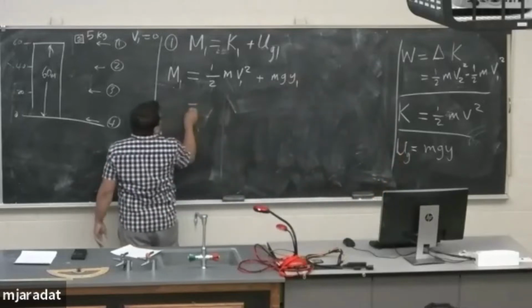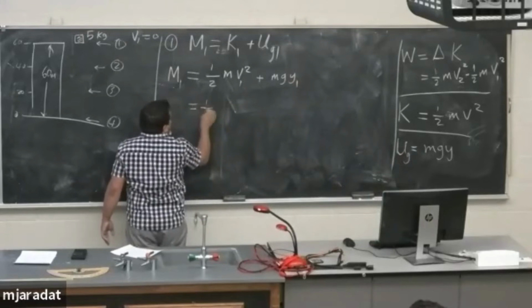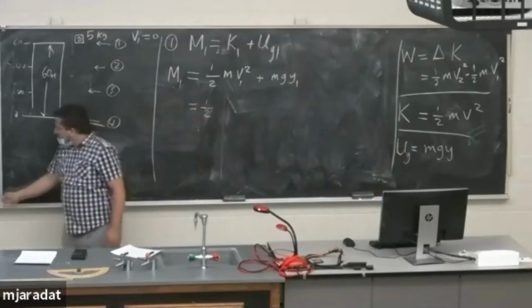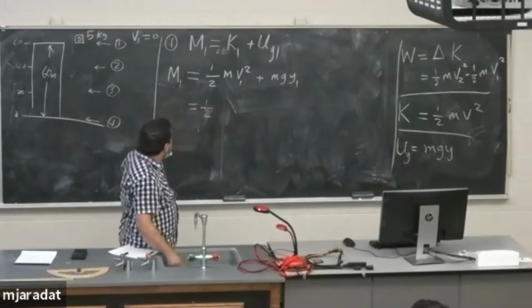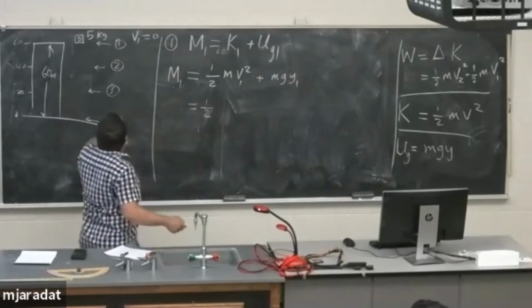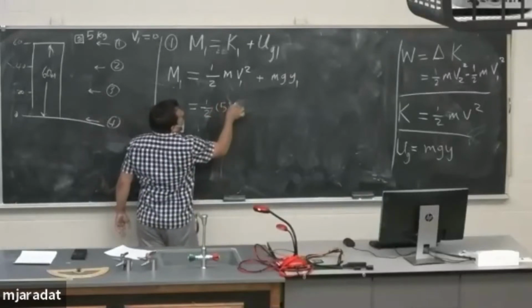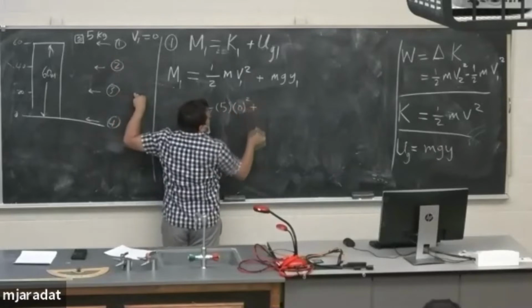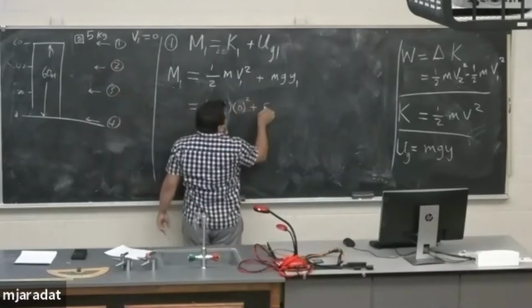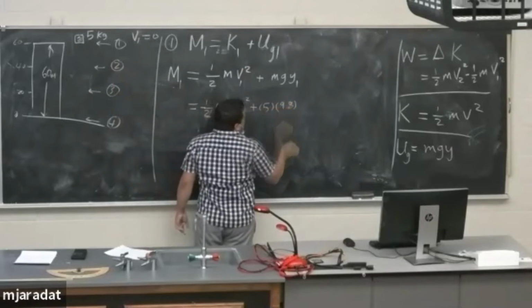This is equal to the half, just the half, times the mass, which is 5, times the velocity at the first point, 0, squared, plus the mass, 5, times g. g is 9.8.